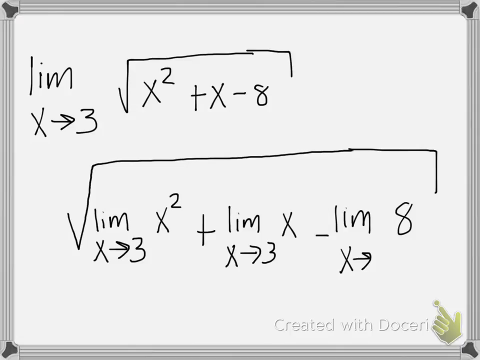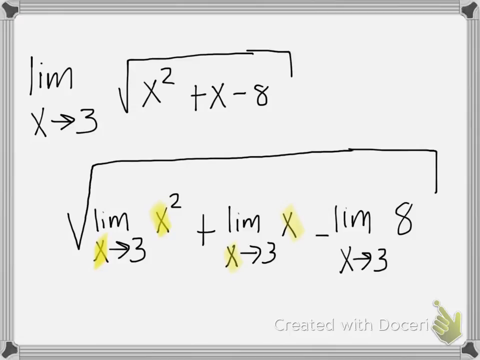For this first one, since we have an x, and this is saying as x goes to 3, we will just plug in the 3 there. Likewise here, and I forgot to say x goes to 3 here.